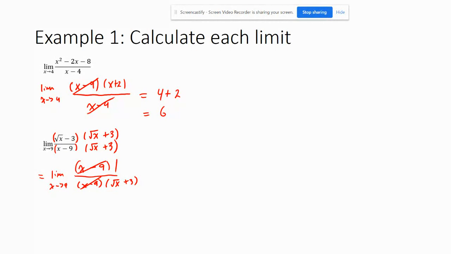This works because we've gotten rid of the root x minus 9 in the bottom of the fraction, which was our non-permissible value. Now we can plug x equals 9 into this expression, and we get a value of 1 over 6. All right, I'm going to take a quick pause and start you in the next video. So this is a quick review on limits and writing equations of lines.